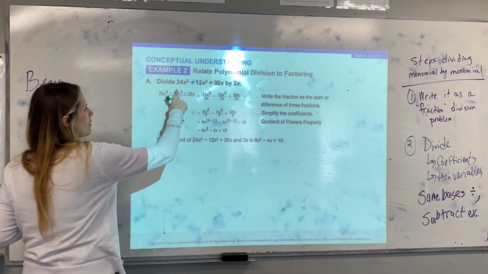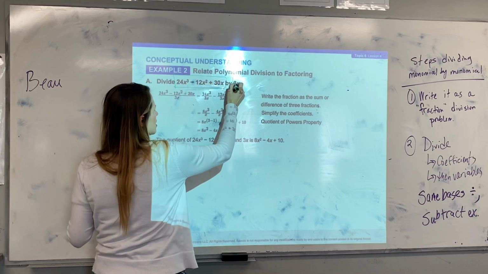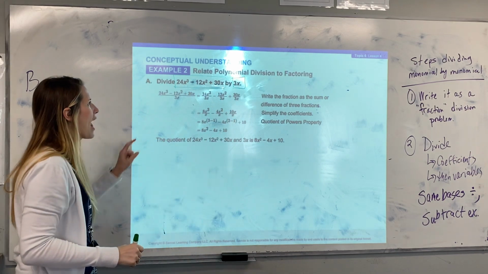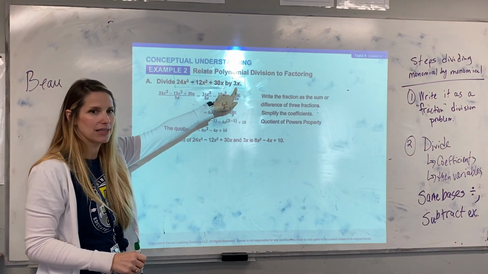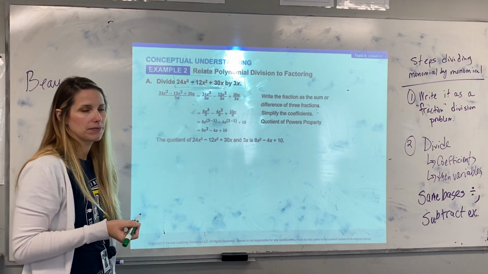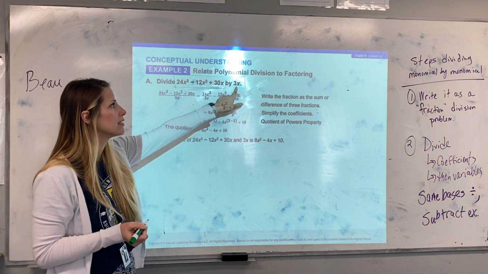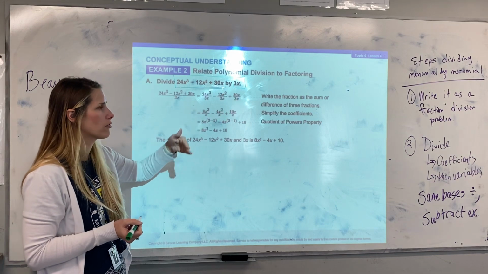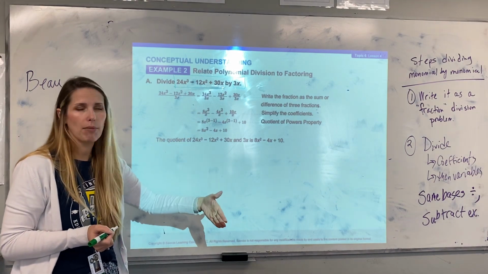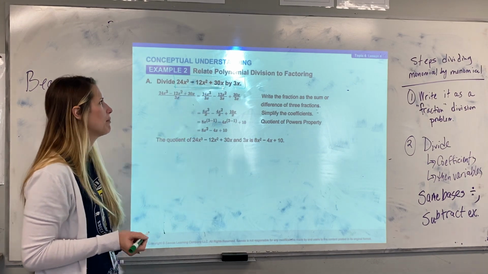So when we divide this by this, we are dividing every single term by this. This is the divisor. It's divided by 3x, so the 3x is the divisor or the denominator. But every single term gets divided by 3x.